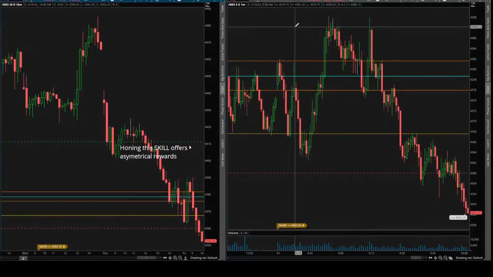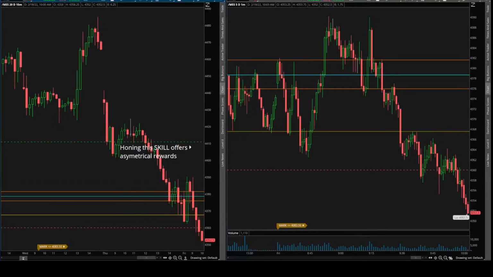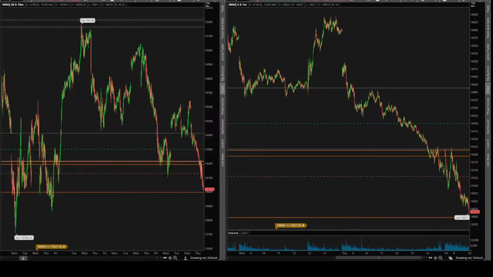Okay, so ES definitely just grinding lower to the downside. NQ, doing the same, coming up on some decent amount of what could be support down here.